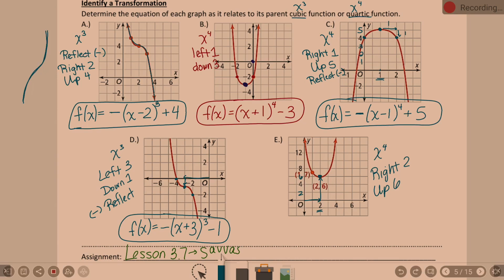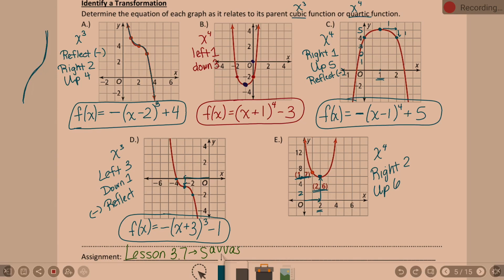No, it's a right side up U. So here it brings us back to the same discussion: is there not a vertical stretch? No. And here's what I would use, folks. Do you see how they have this labeled 2, 6 and 1, 7? How do you get from 2 to 1? You go over 1. How do you get from 6 to 7? You go up 1.